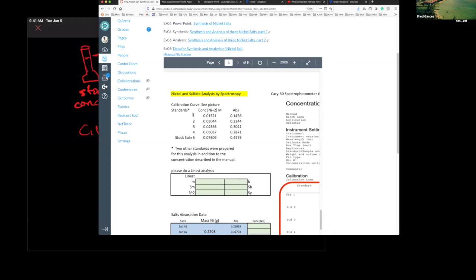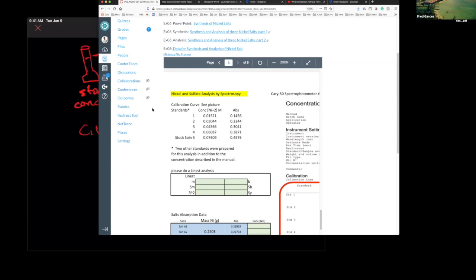These are the concentrations. For the lowest concentration, the concentration of the nickel was 0.1521 moles per liter, because we can use C1V1 equals C2V2. The second is 0.03044. Third is 0.04566. Fourth is 0.06087. Anyway, these are the solutions.